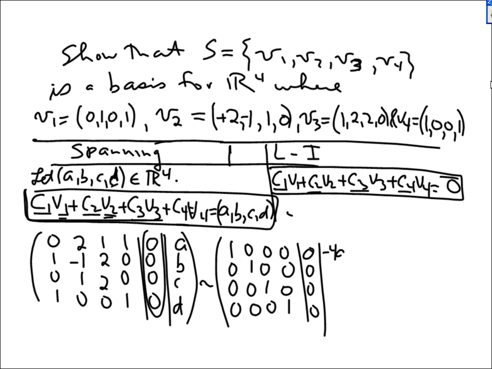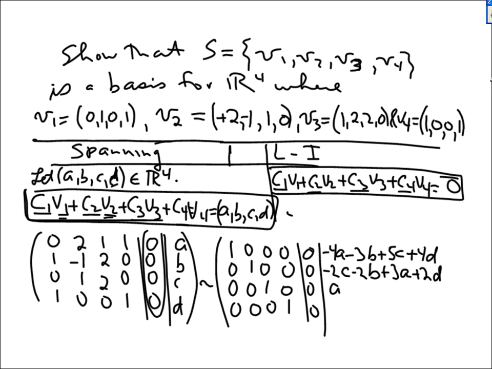I got negative 4a minus 3b plus 5c plus 4d. Next entry was negative 2c minus 2b plus 3a plus 2b.